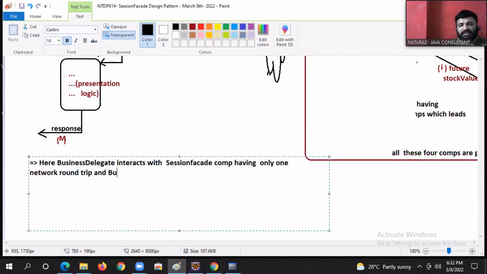But the SessionFacade interacts with 3 external service components locally.